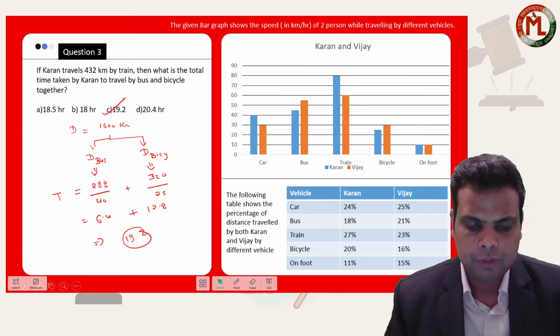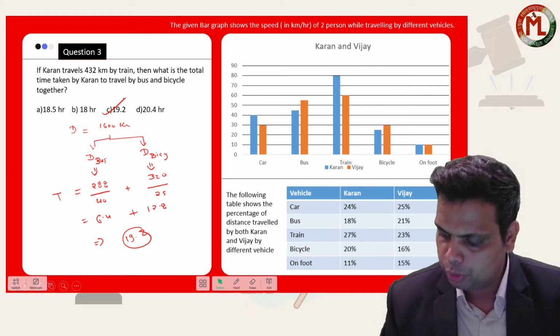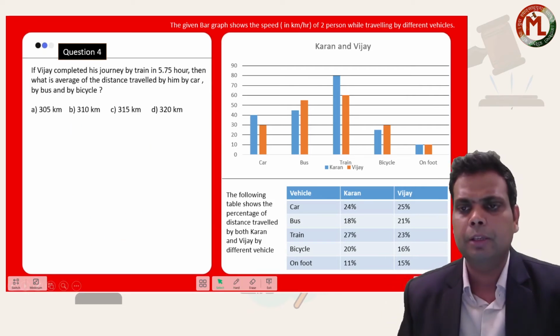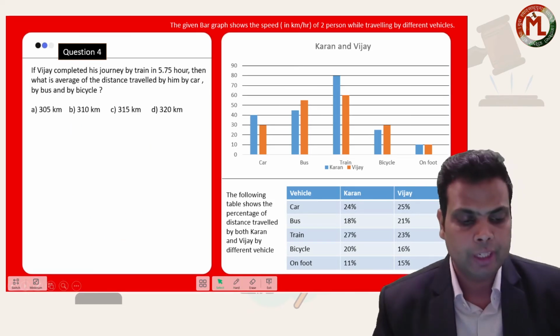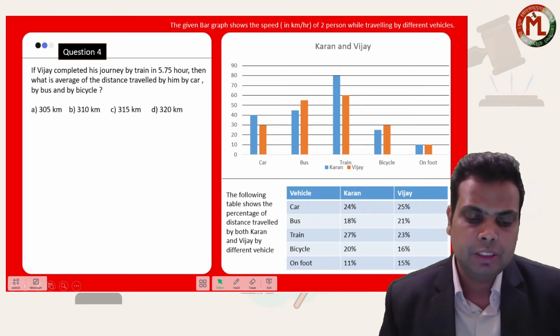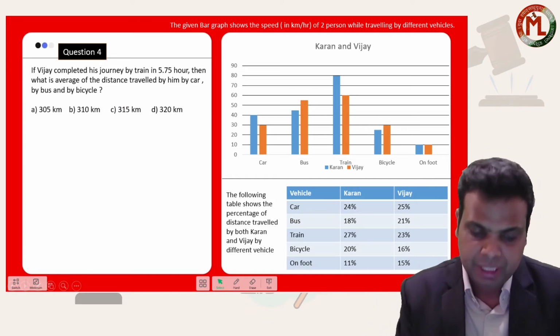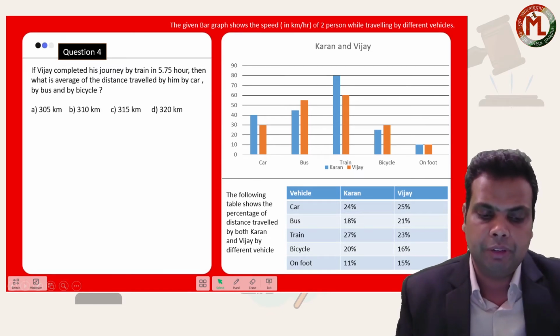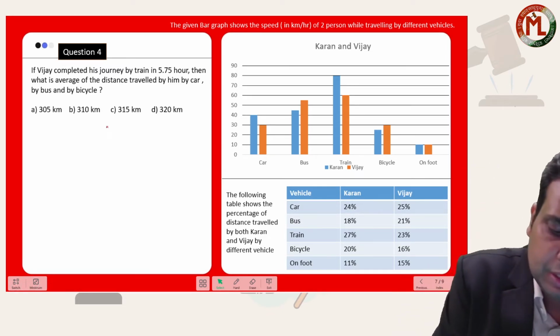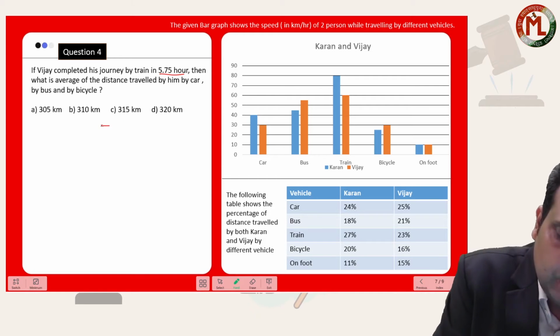Correct? Fine everyone. Now come to the next point. These are simple calculations. I think you all can do this. If Vijay completes his journey by train in 5.75 hours, so this time is given. Again T is equal to 5.75 hours.